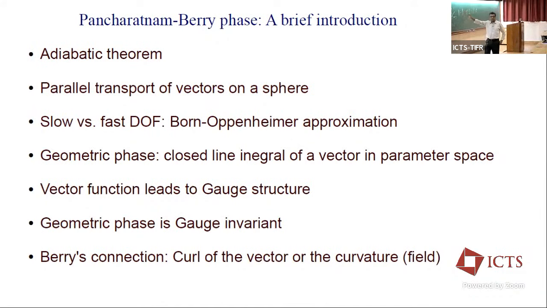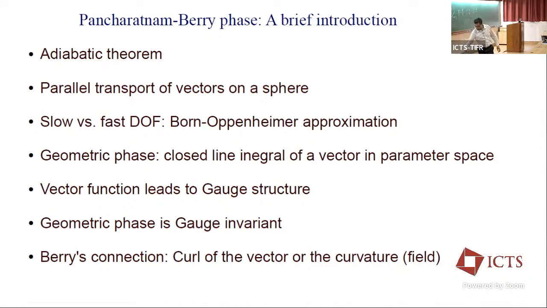Whenever you have Berry phase and curvature connection, then you can get an equivalent vector field, an equivalent gauge field. And that's why people consider the gauge field for neutral particles also. In the case of, say, cold atoms, which Saptarshi may be interested in, they call it synthetically induced or synthetic gauge fields.